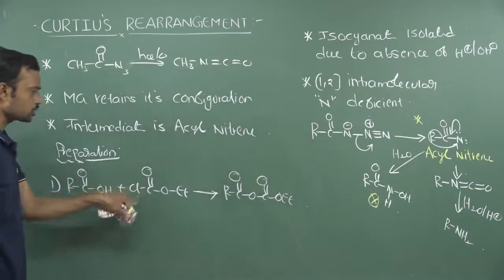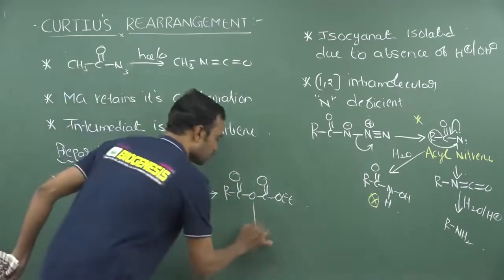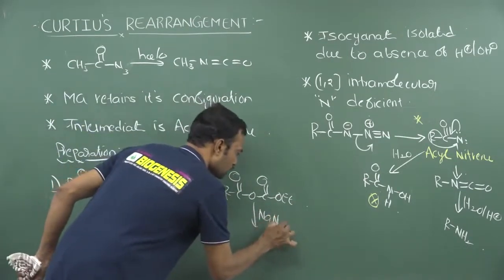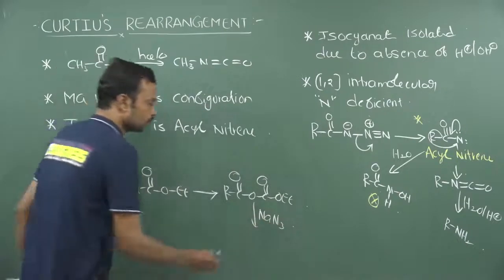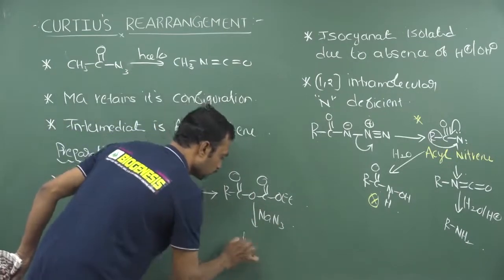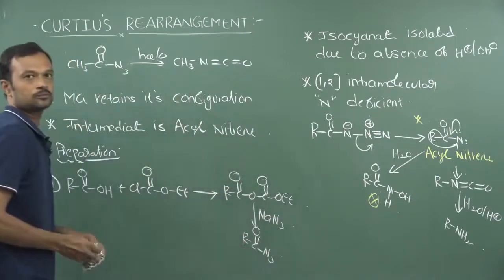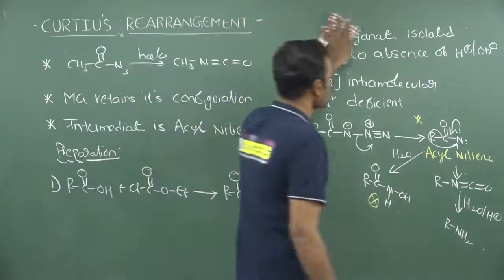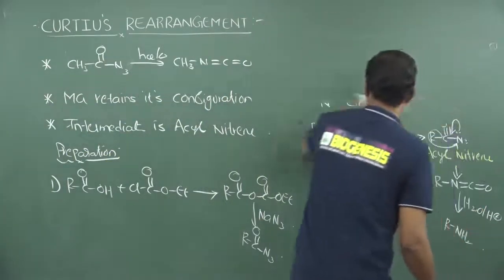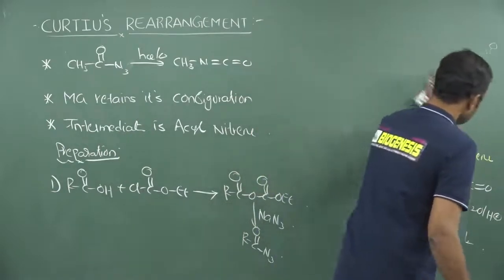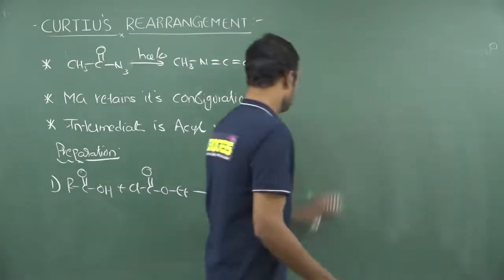It will attack on this, and now chlorine will be removed here. Finally you get this, and on treatment with sodium azide, it will directly attack on this, and this will be removed here. Finally, RC double bond O N3 is the resultant answer. So this is a way of preparing. Preparation of acyl azide is most important in the Curtius rearrangement.